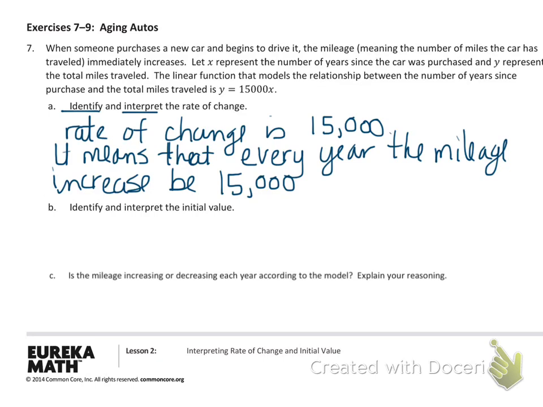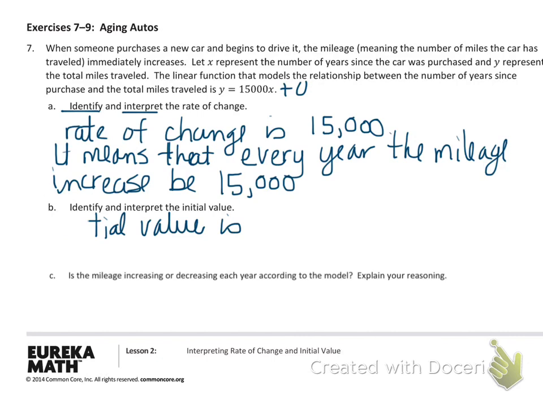Okay, so identify and interpret the initial value. Well, the initial value is that constant value, and in this case, we've got a kind of hiding plus 0. Let me try to spell it right.